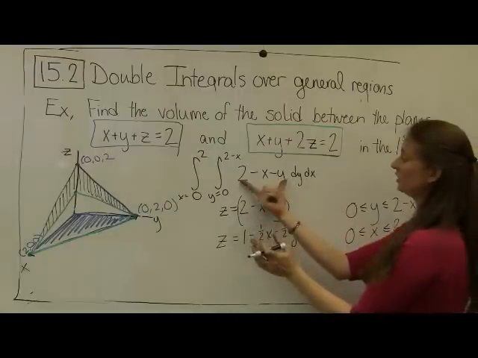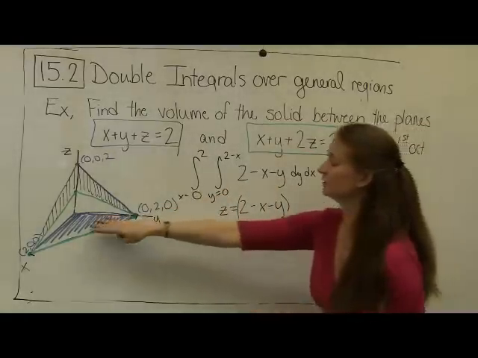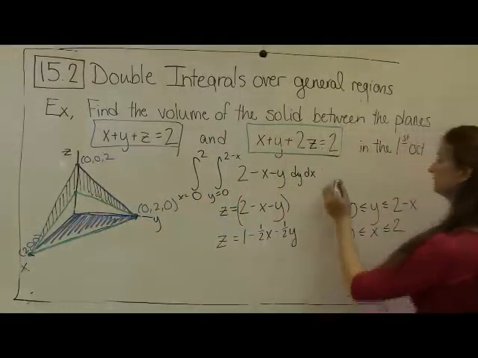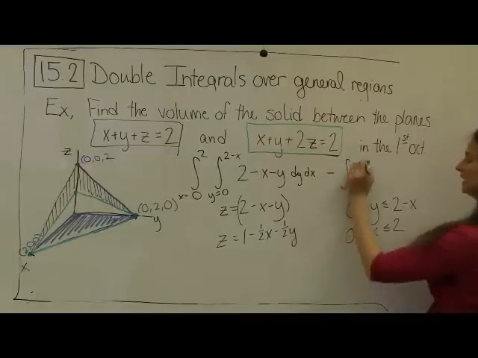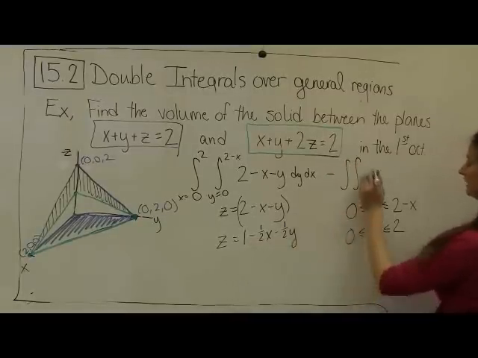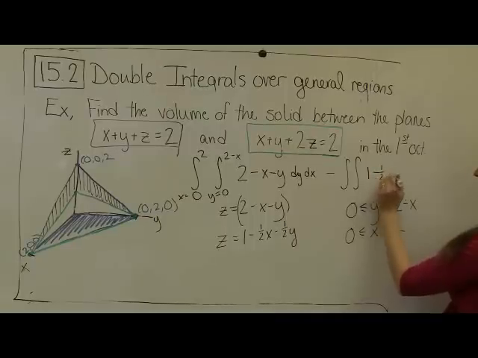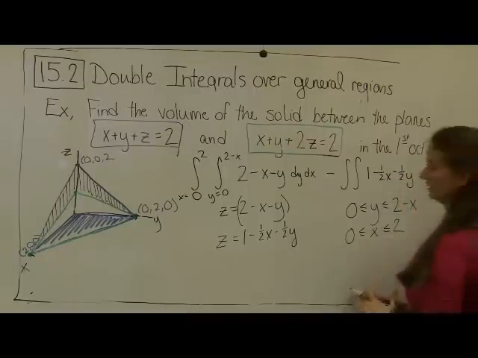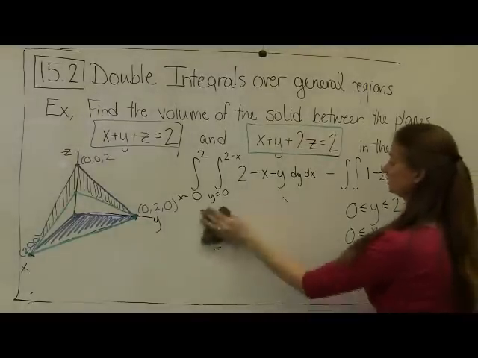This is the volume under the big plane on this triangular region. And now I'm going to subtract out the volume of the littler plane, 1 minus 1/2 x minus 1/2 y, on this triangular region.